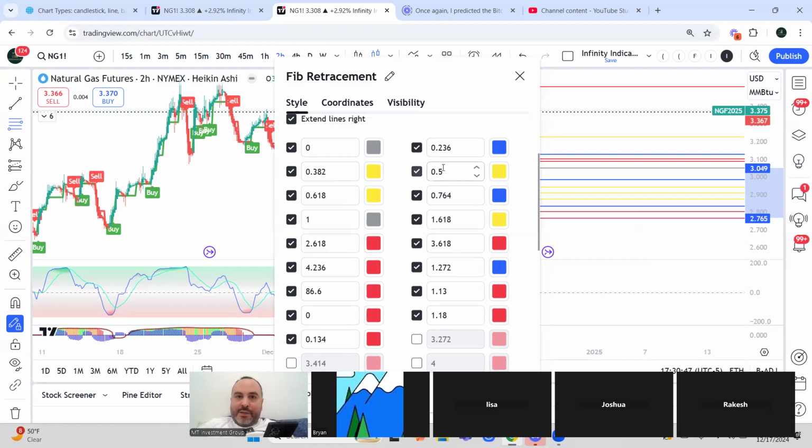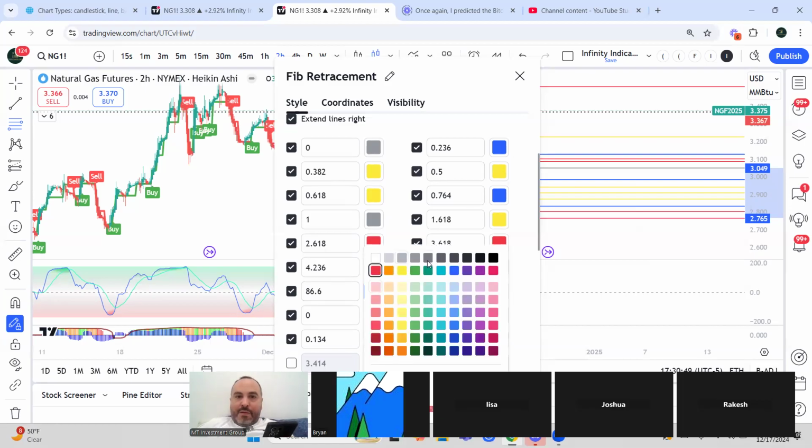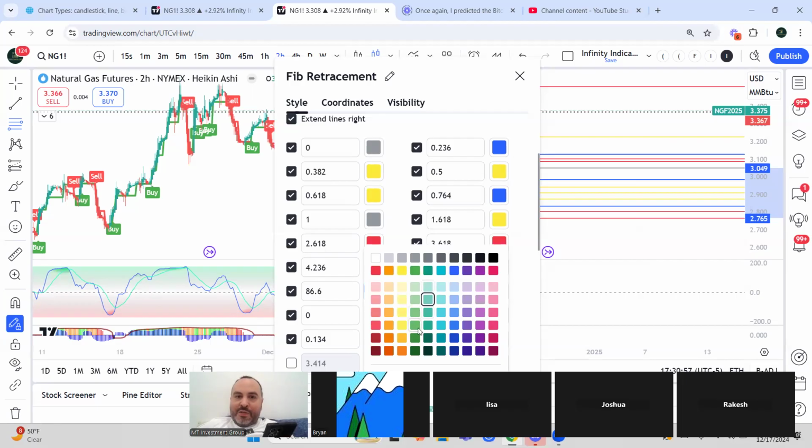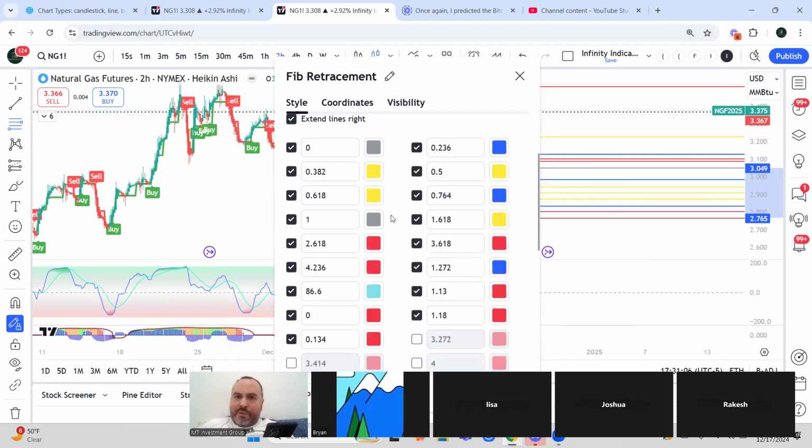Your 86 is going to be teal or maybe a green. Let's make it just so it's maybe just different. Oh wait, now we have green. Light blue is fine. That's different enough than heavy blue. So your 86.6 is going to be heavy blue.